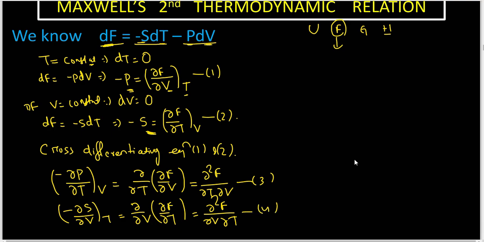Now equation 3 and 4 are equal, right side part is equal, so left will be equal definitely.